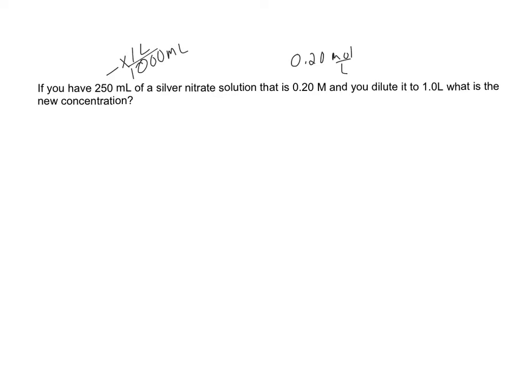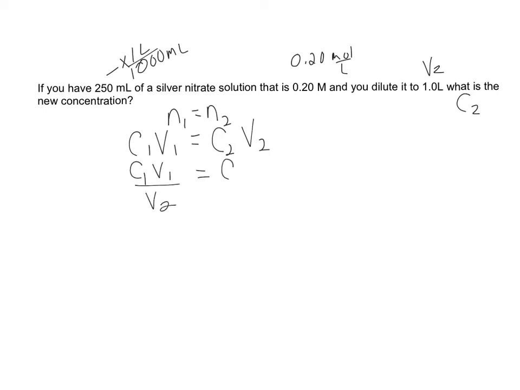And this is a case where you haven't changed the number of moles of silver nitrate. You've changed the moles of water present. So we can use the dilution formula from grade 11. And we will be solving for the second concentration, the dilution. So C1 V1 over V2 is equal to C2.